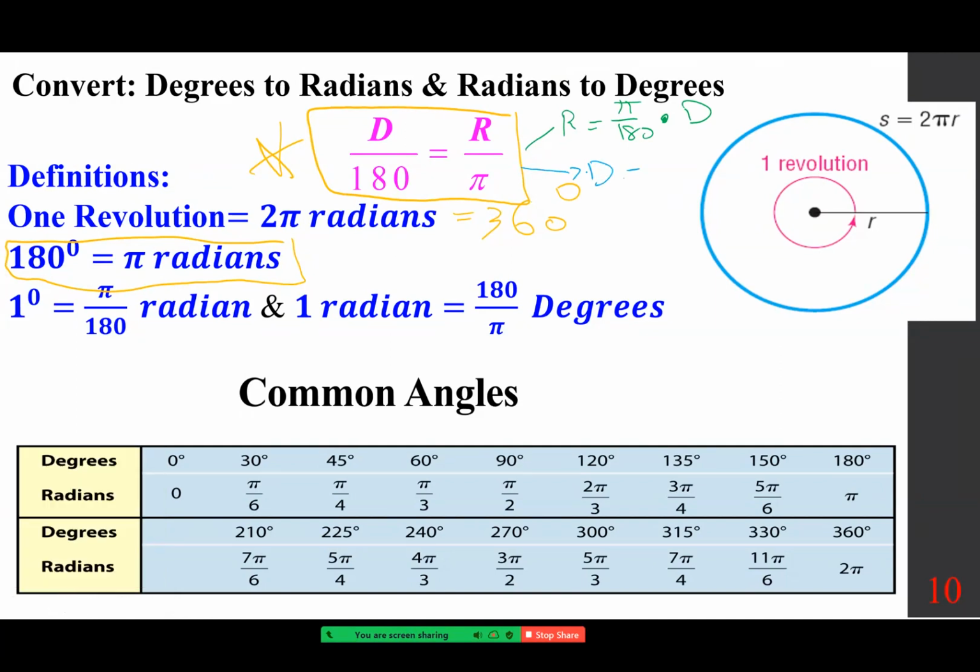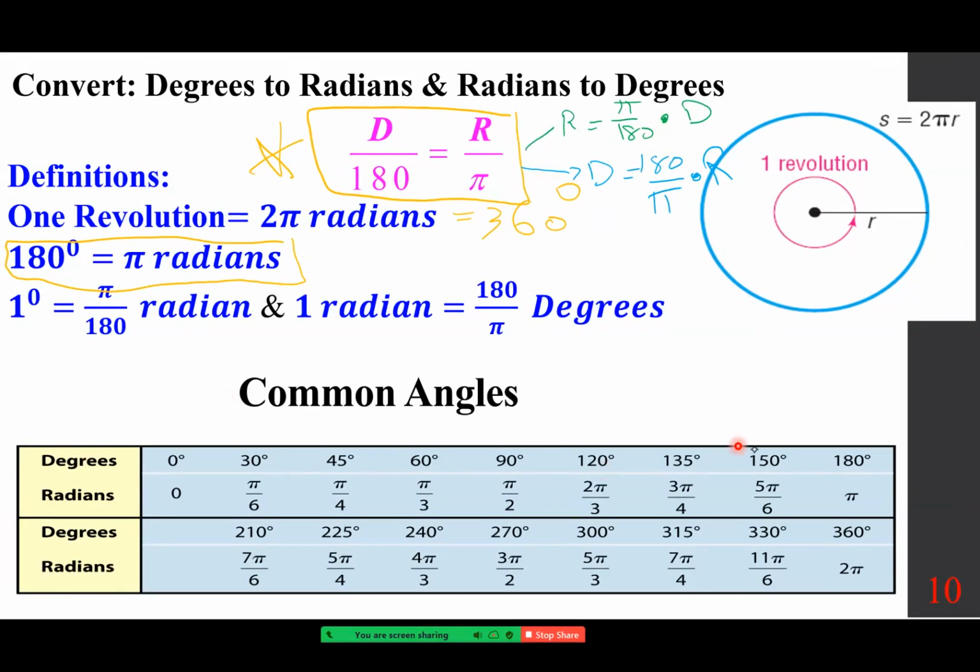If I want to find D, it is 180 divided by pi times the value of R. So everything in one shot, we have it here.